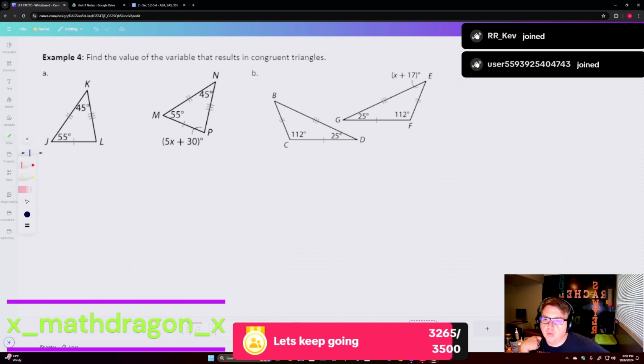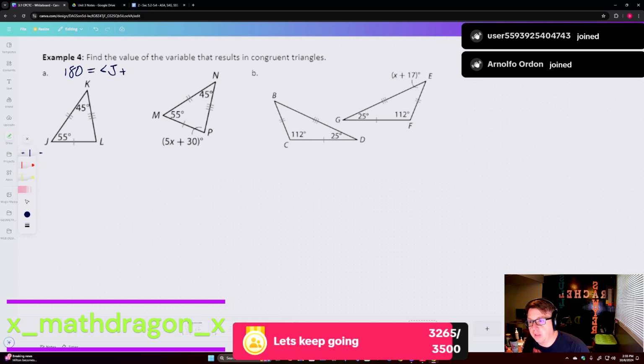they want to know what's going to make these equal. So they're telling us this side is equal to that side, this side is equal to that side, this side is equal to that side, this angle is equal to that angle, this angle is equal to that angle. So they're giving us a lot of information for equal opportunity. So what we need to understand first off is that all 3 angles in a triangle add together to give you 180 degrees.